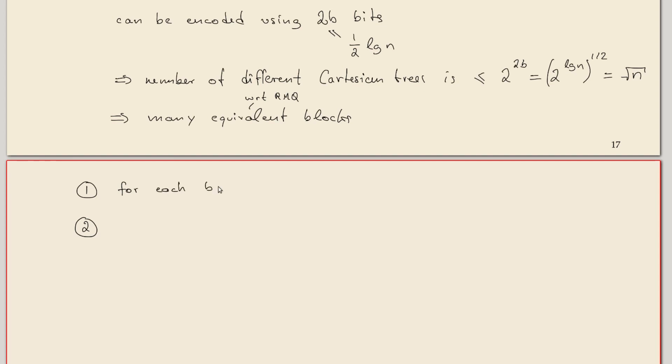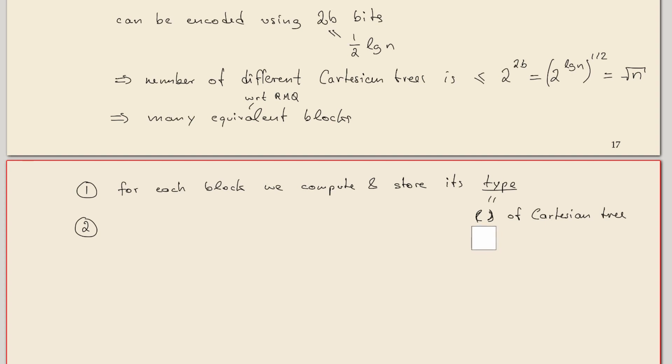So that means we store 2 things. For each block, we compute and store its type. And that is the parenthesis string of the Cartesian tree. And we replace this by zeros and ones, so that is a number.